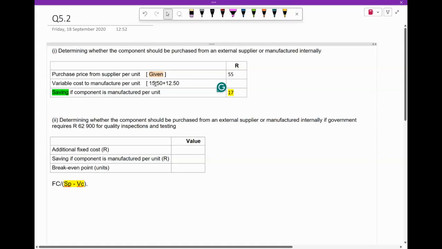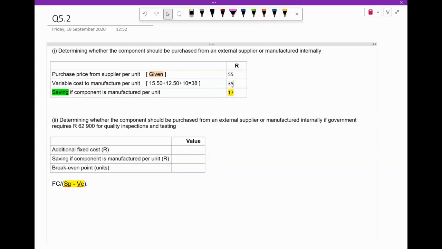Yes, Nadia, we will include the direct labor, and finally, we will also include the variable overhead, the 10 Rand. Which will give us 38 Rand. So it costs us 38 Rand to produce this component.